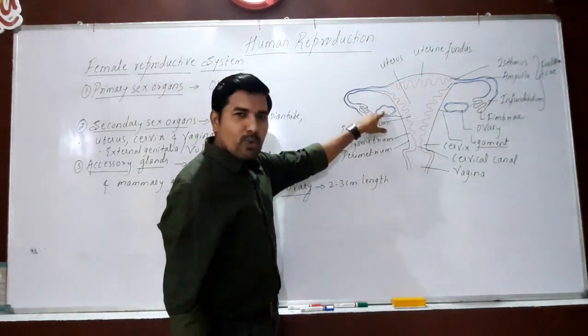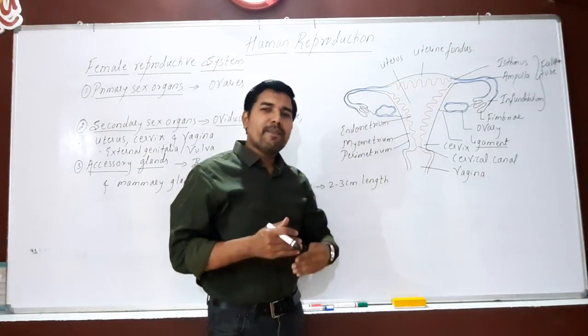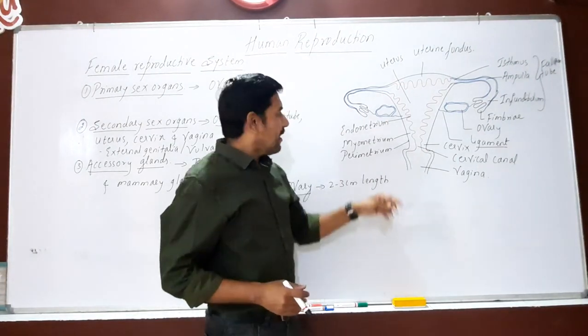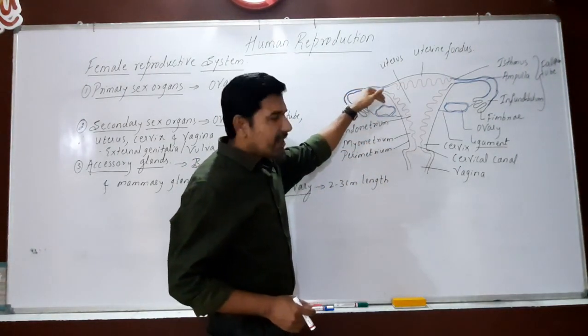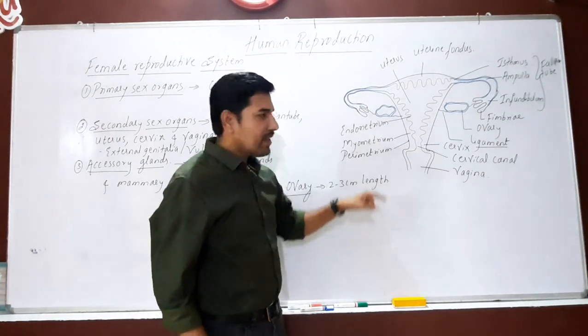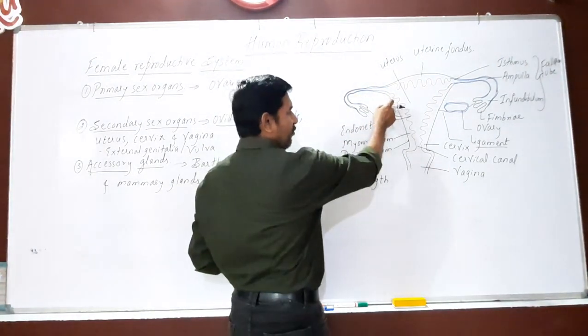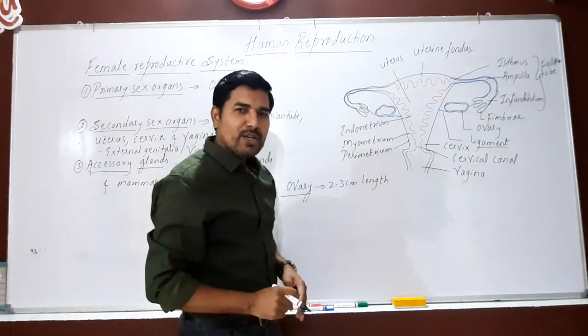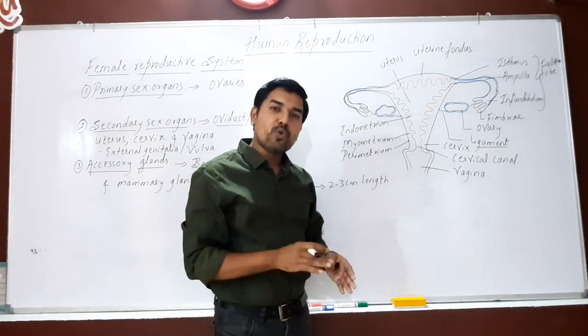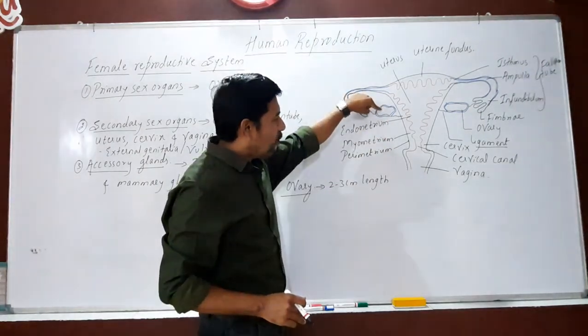Then this ovary is majorly divided into the outer epithelium and the stromal part. Now the stroma is divided into two parts in the ovary.